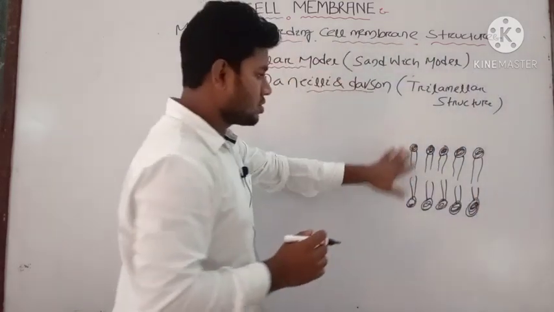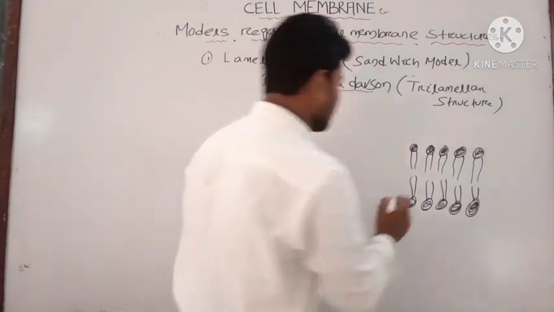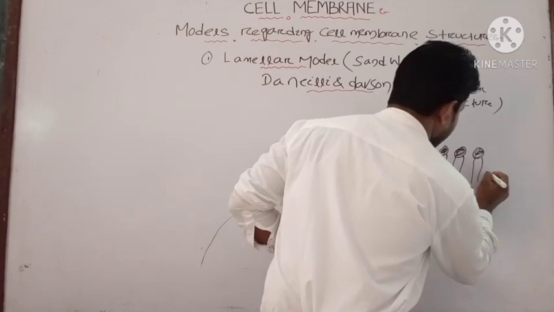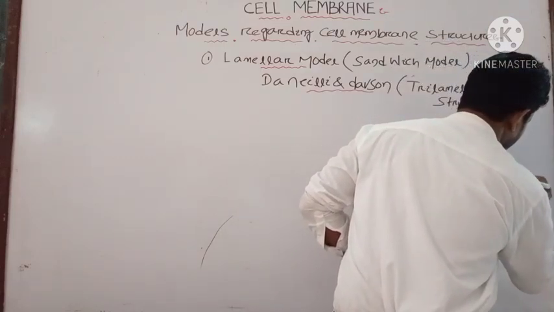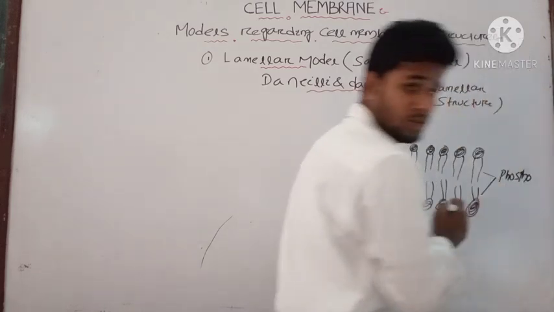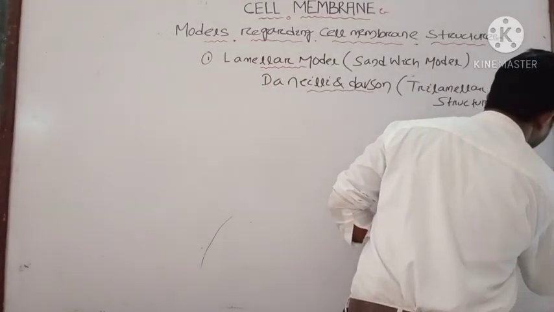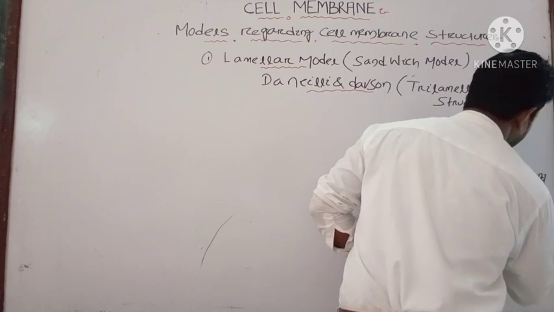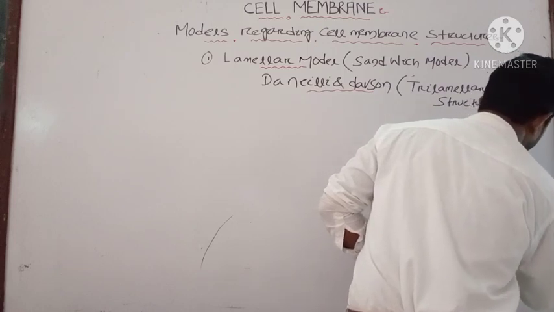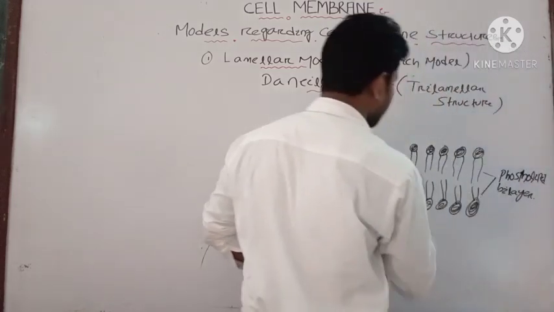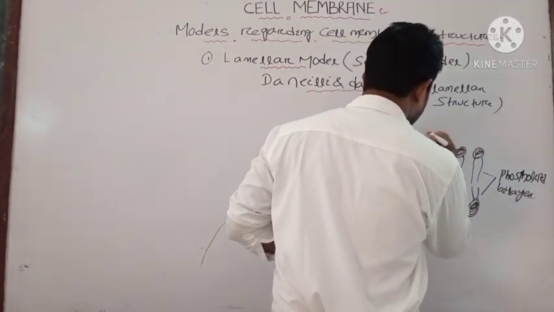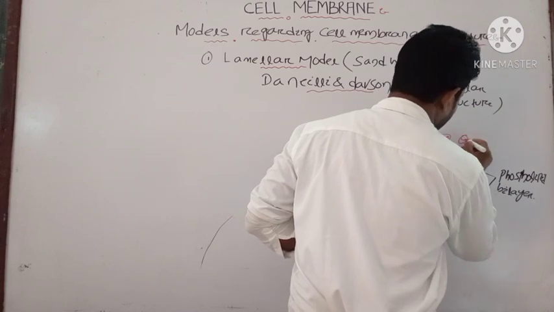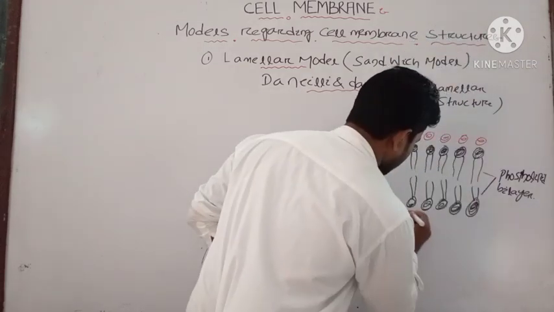Okay, these structures are bilayer structures of phospholipid bilayer. This is known as your phospholipid bilayer. Then there is presence of unit membrane of protein.